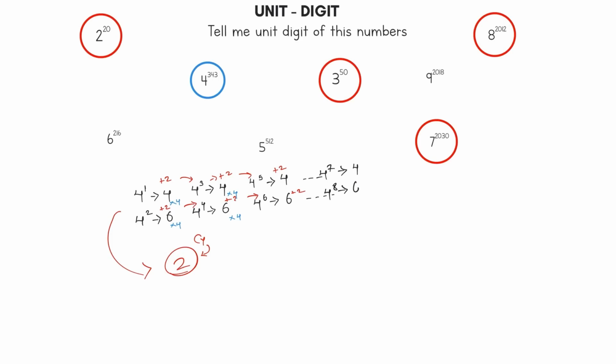So what did we do there? If I give you a 3 or a 7 or an 8 or a 2 raised to any number, what did you do there? You divided that number, the power of 2, 3, 8 or 7, by 4. Why did you divide the number by 4? Because it has a cyclicity of 4.